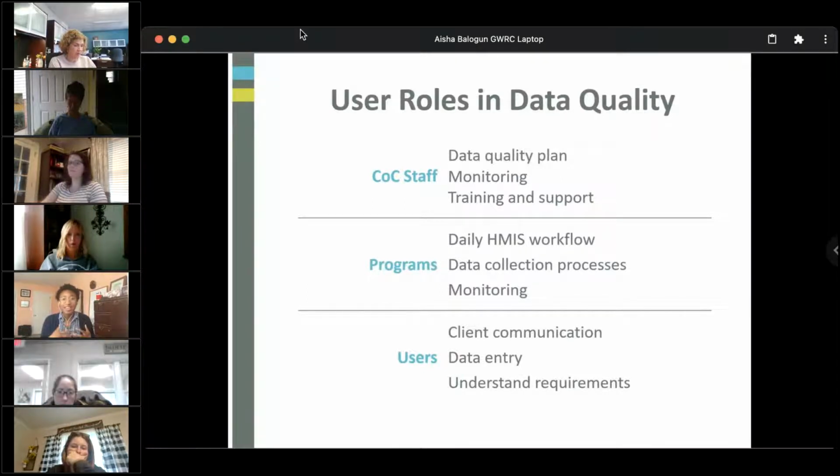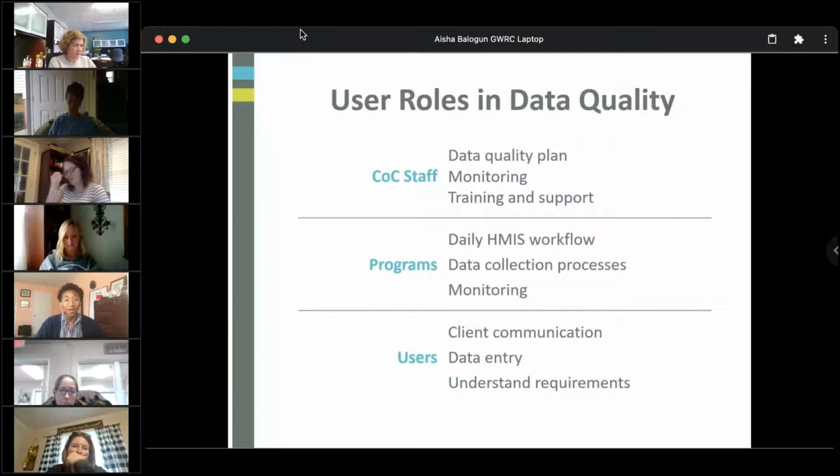Sam and I and our intern and any additional people we might be bringing on in the next few months. It's our job to make sure that we have a data quality plan and communicating that with the people that we're working with, the HMIS users in our community.